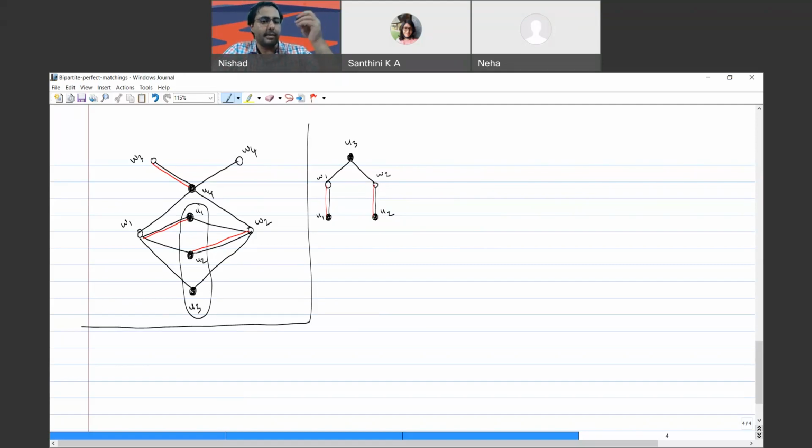Okay, it's a small example, but hopefully it still conveys the point. You could have built this tree for quite some time and eventually reached a situation where you can't build it any further. At that point, all your black vertices, because we start with a black root, will comprise a deficient set. And notice that the neighborhood will be exactly the white vertices in your tree, which is always one less than the number of black vertices.